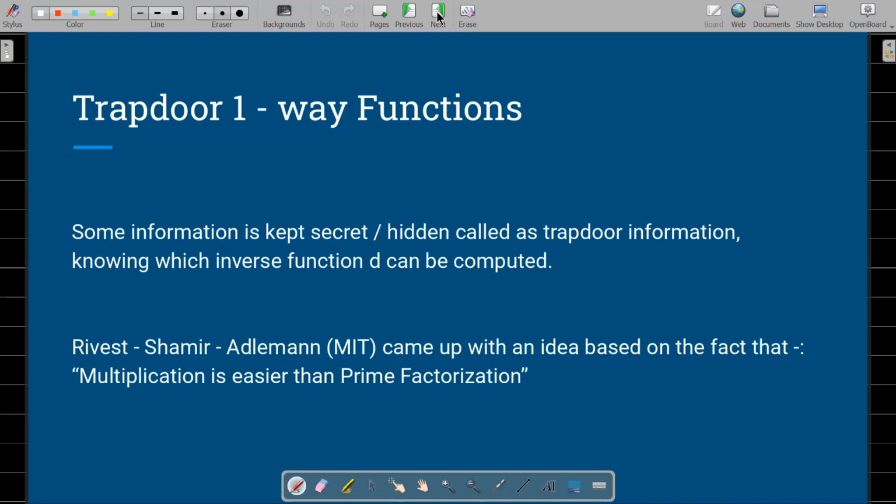It's a short form of these three. Anyway, they gave a practical algorithm where, even if you make E of X public, D of Y will be difficult. Nobody could find D.